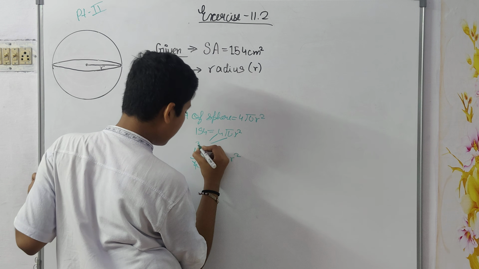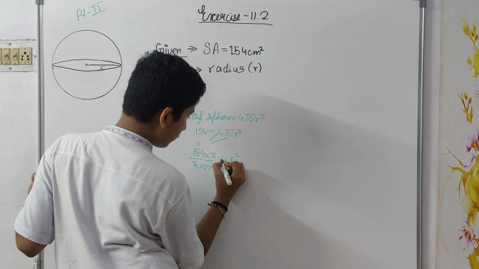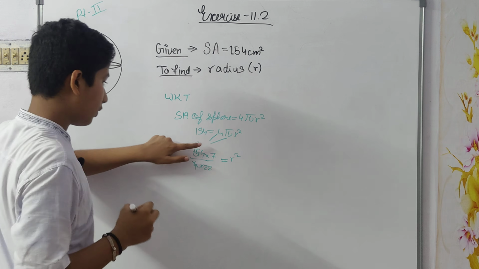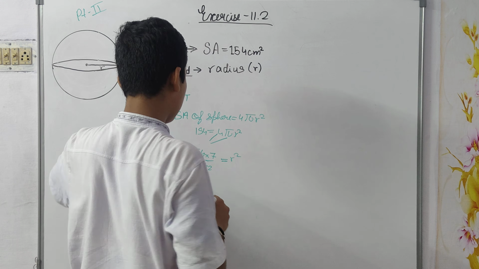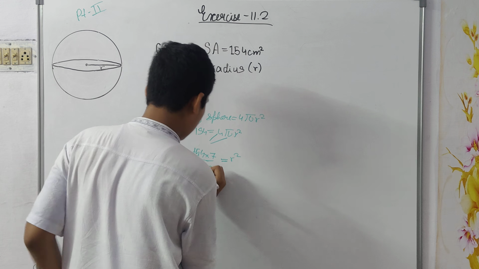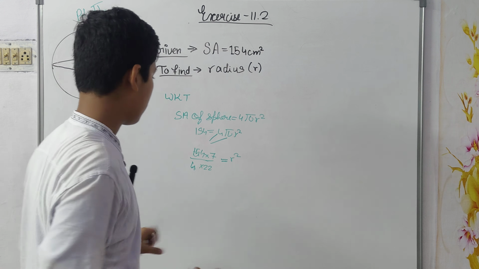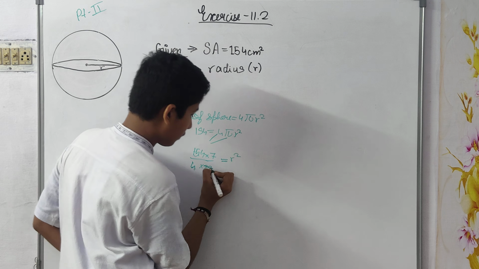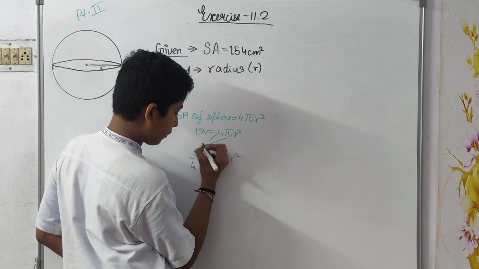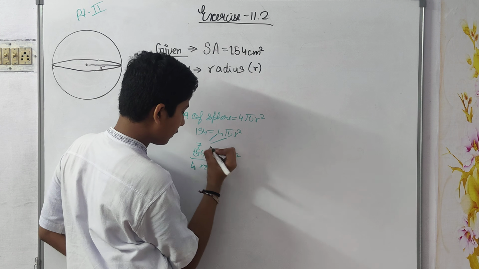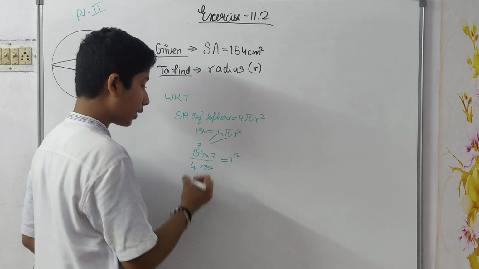Instead of multiplying, you can cancel this with 22. So we get 49 by 4.